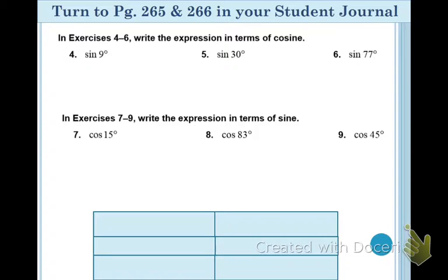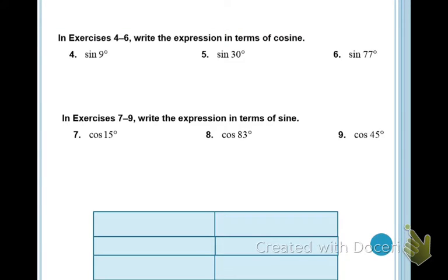So we start with sine of 9. If we start with sine and we're rewriting in terms of cosine, you should write cosine, C-O-S, cos. And then what's 90 minus 9? 81. So your answer should be cosine 81.